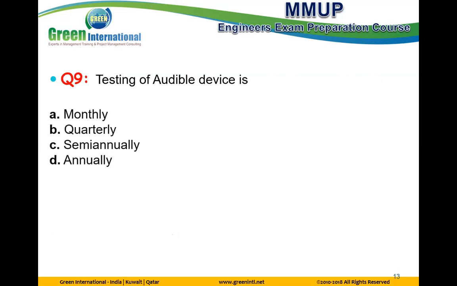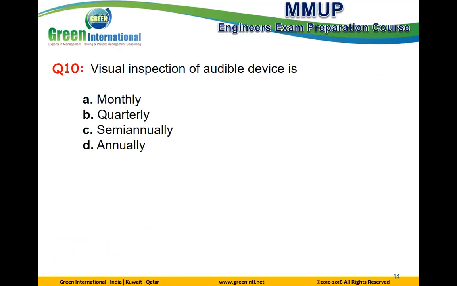Audible device. This is your device. Annually. Annually testing. More answers are annually. Yeah. Visual inspection of audible device. Audible device: monthly, semi-annually, visual inspection.